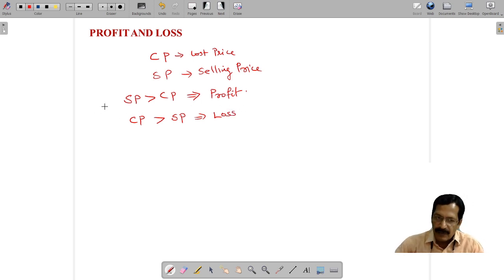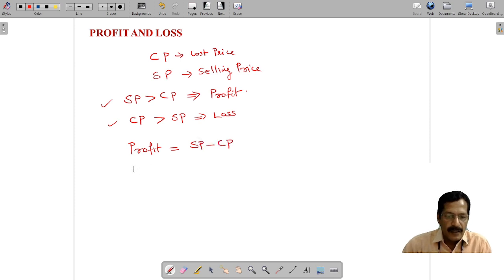So you have to remember when there is a profit and when a loss. Profit is equal to selling price minus cost price. And loss will be equal to cost price minus selling price. Okay, so you have to remember all these things.